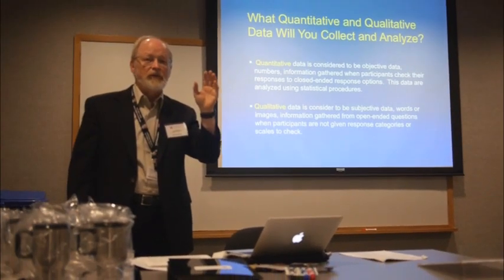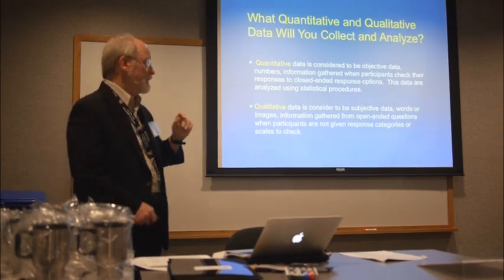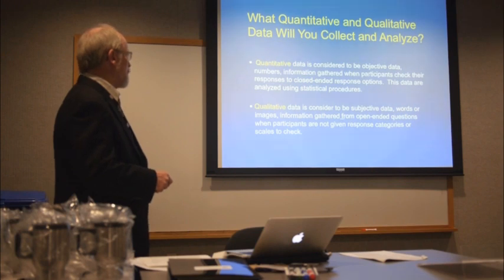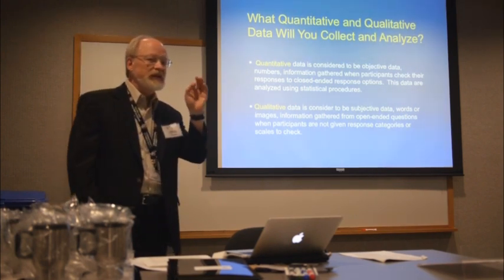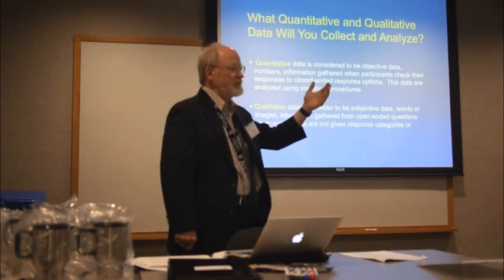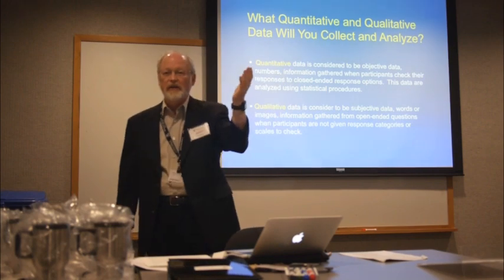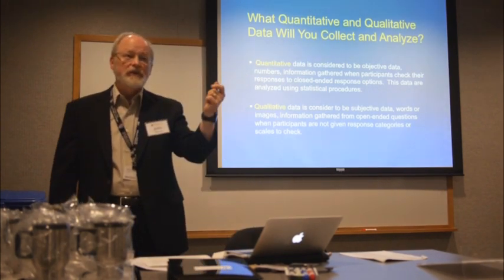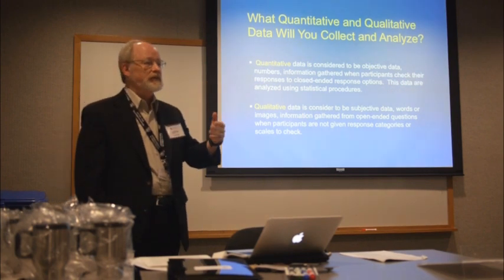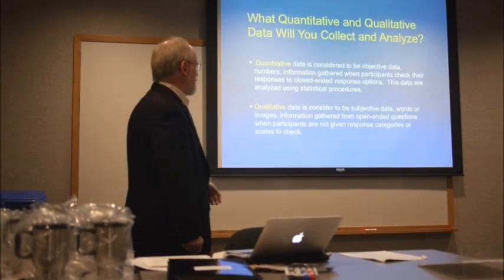This is a big distinction for me between quantitative and qualitative. Qualitative is more subjective, words or images. And people often look at qualitative as just text information, words. But there's this whole array of qualitative forms of data out there that are image. For example, videotapes, photographs, objects.